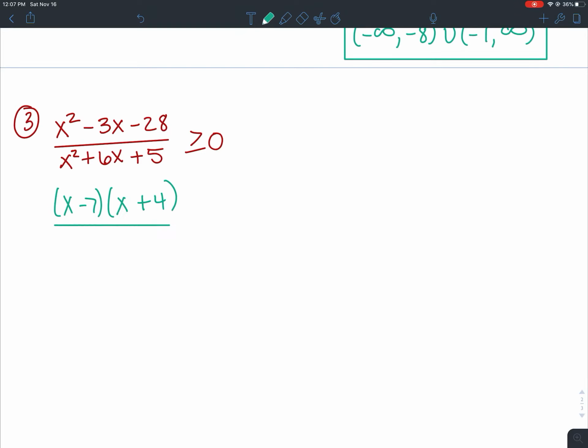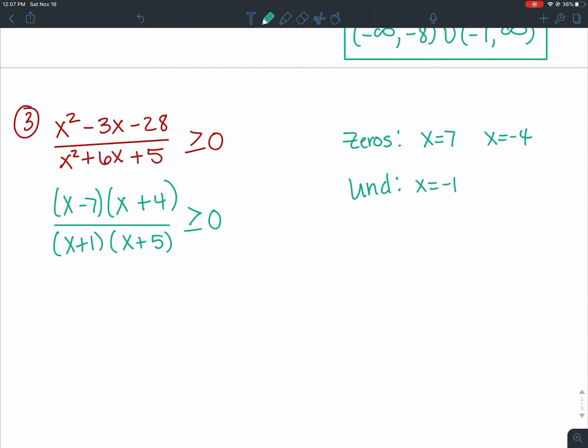On the bottom, I can factor that to x plus 1 and x plus 5, greater than or equal to 0. All right, so nothing canceled. So let's find everything. My zeros are x equals 7 and x equals negative 4. My undefined values are x equals negative 1 and x equals negative 5.